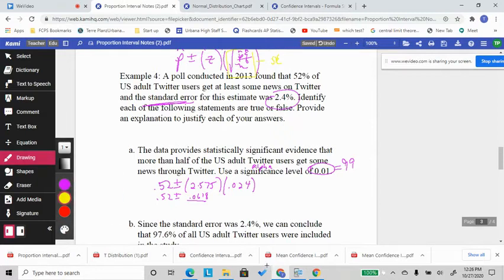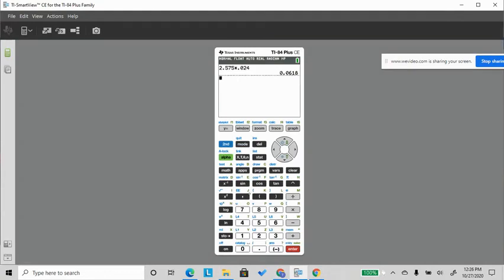That, remember, is called your ME. Now you have your ME. It's your margin of error. Now I'm just going to add 0.52 plus that and subtract 0.52 minus that. So 0.52 minus 0.0618.